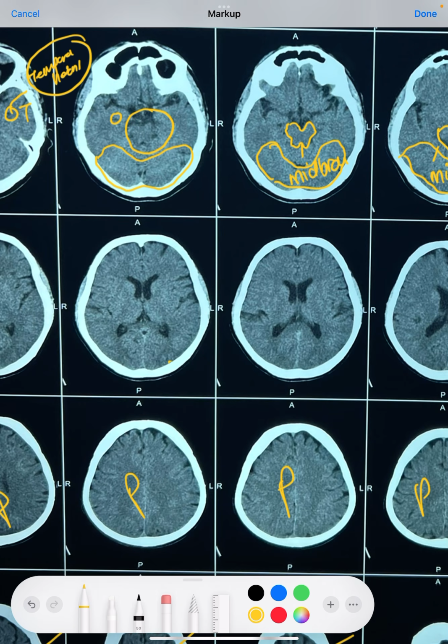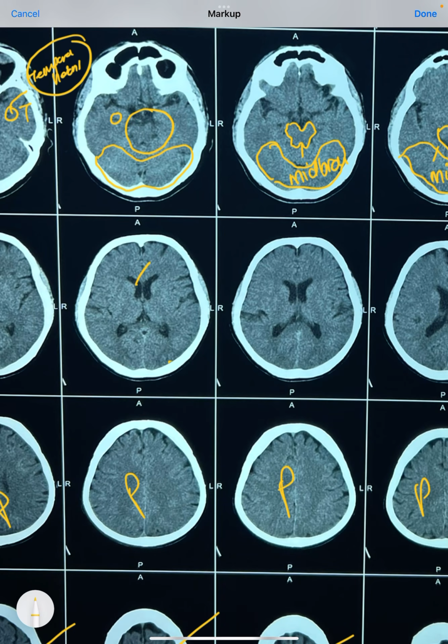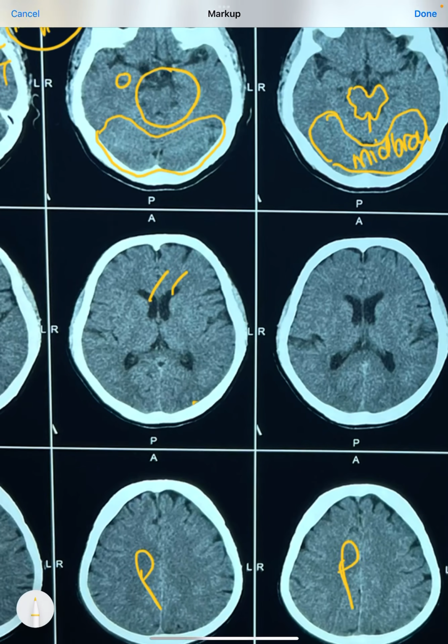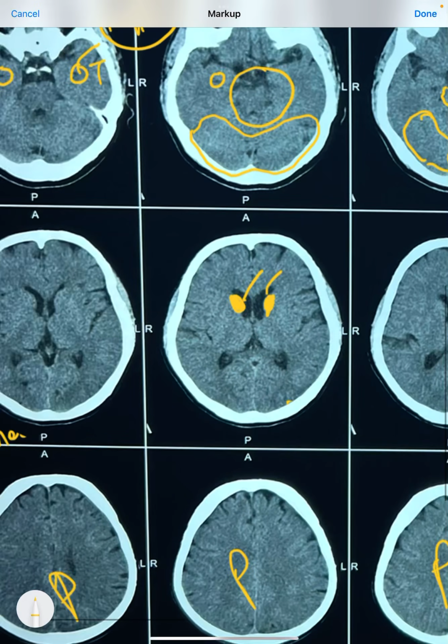These are definitely the first and second ventricle, and just beside or just below this, you can see this small almond-like structure which is called caudate lobe. So this is the caudate lobe, which is a part of basal ganglia.